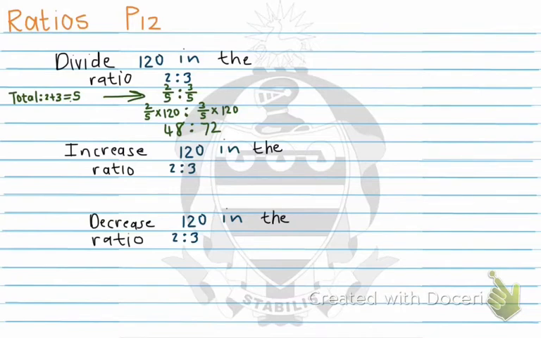The next example is where we have to increase something in the ratio 2 to 3. In this case, we have to increase 120 in the ratio 2 to 3. Now, if we increase, something gets bigger. So our final answer must be bigger than 120. Now remember, we are not dividing now, we are increasing. Okay? So look at your ratio. The ratio is 2 to 3.